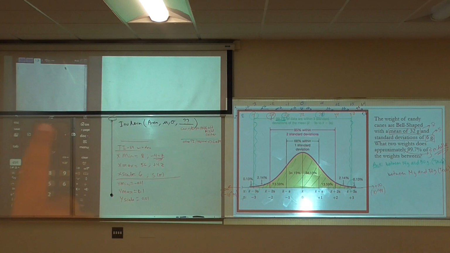So now, I'm going to do menu, I'm going to go to my statistics, and I'm going to go over here to distributions, option 5, distributions. And there it is right there, inverse normal.